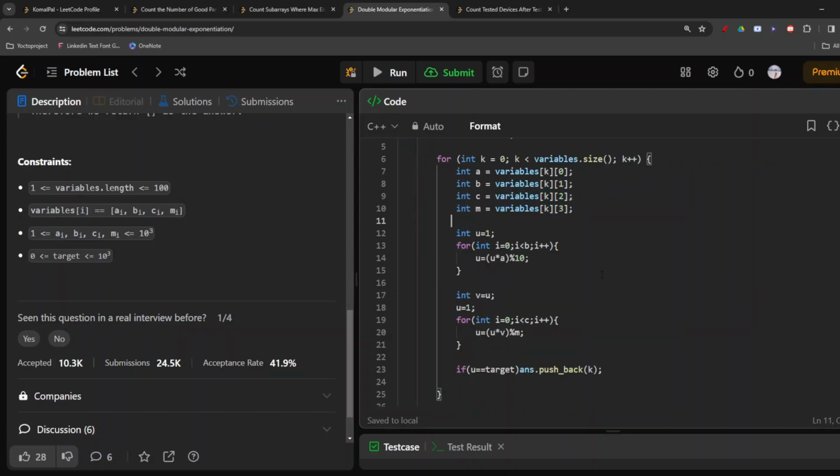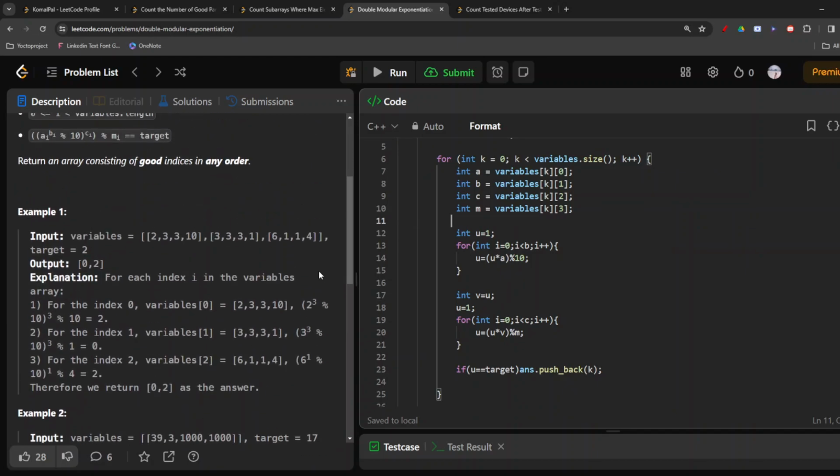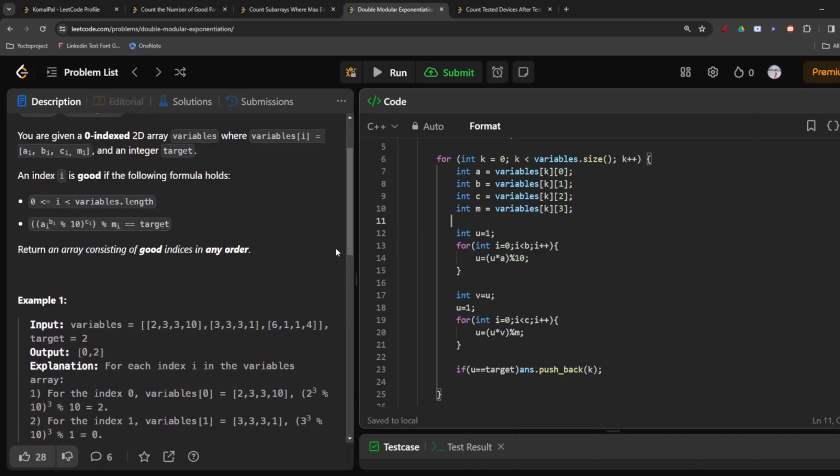So now what I was saying at that moment, as per this, a of i raised to power b of i. Here we are taking one variable u, which at the starting we keep as 1, and now we multiply that with a from 0 till b minus 1.